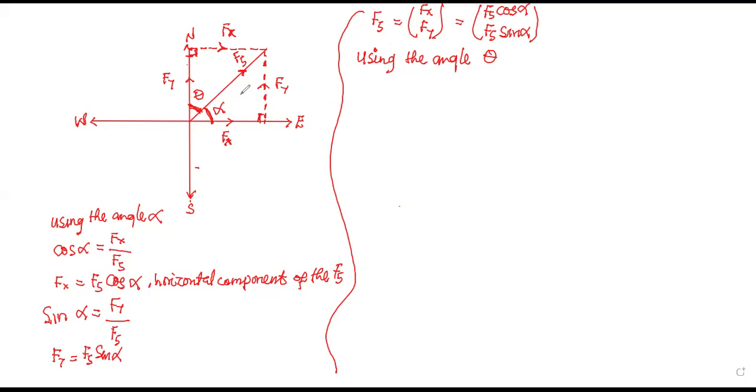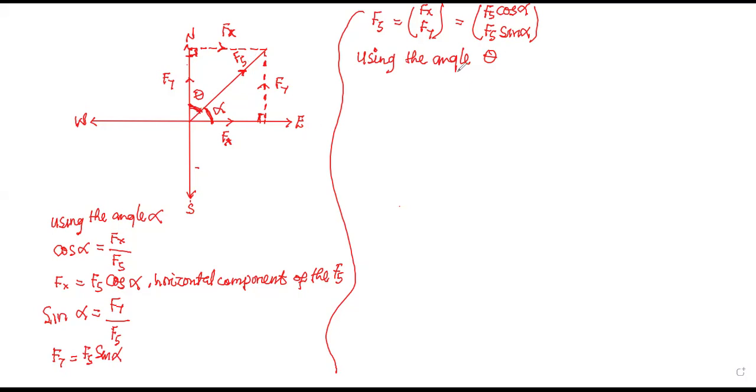Gideon, your line is breaking. Using the angle theta, if I'm looking for Fx, will I use the trig ratio sine or cosine? Sine. So it must be sine because Fx is the opposite, whereas we have the hypotenuse.